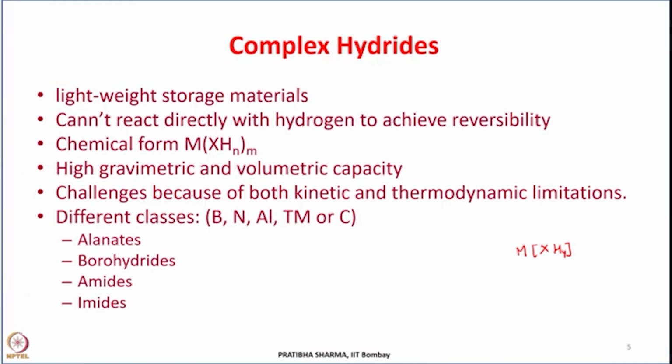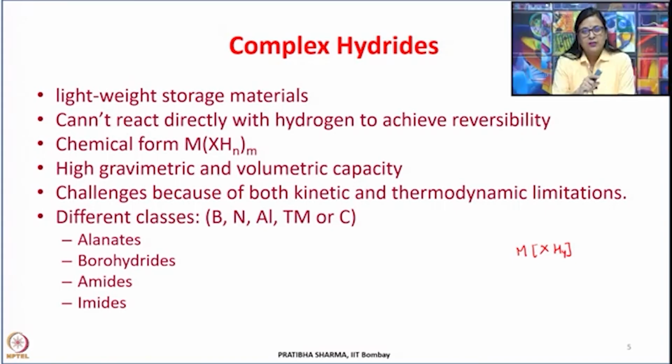At the same time, complex hydrides are made up of lightweight elements. The major disadvantage we have seen in the metal hydrides was their poor gravimetric capacity, and this was because the elements that were used, like the transition metals, to form the metal hydrides or their alloys or solid solutions were heavy, and that reduced the gravimetric capacity.